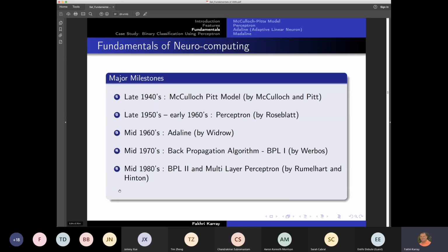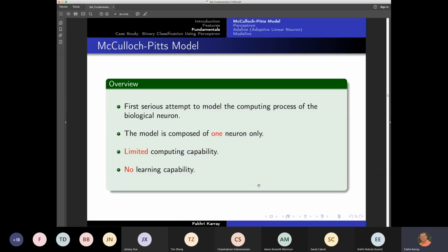So here we are not mentioning the latest growth of the system when we have the growth of deep learning models. So we went from the simplest model, McCulloch-Pitts model, to the Adaline model, to the backpropagation algorithm model, to the BPL2 model, which is the more powerful multi-layer perceptron model, to what we are seeing nowadays, deep learning models. And we are going to go through all of them.